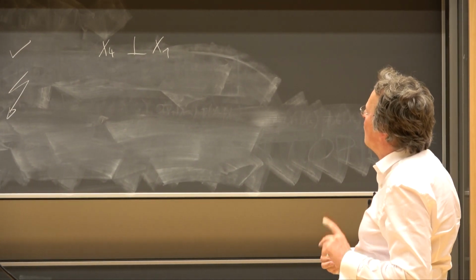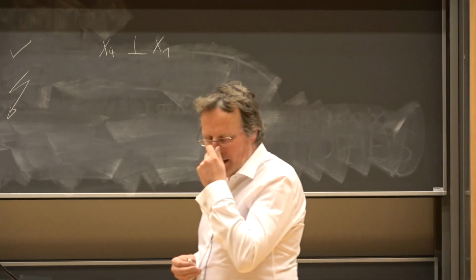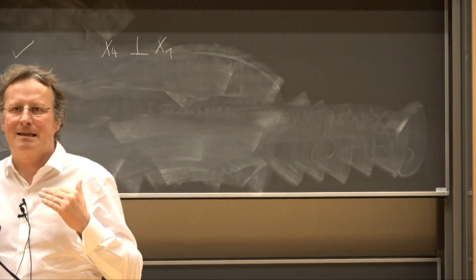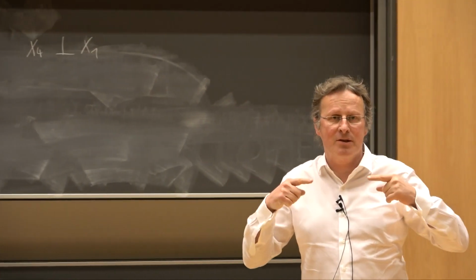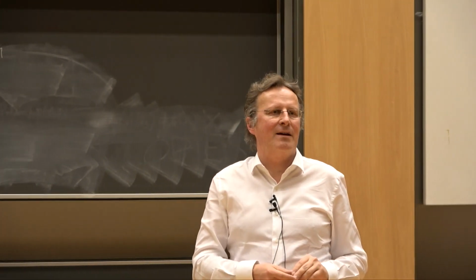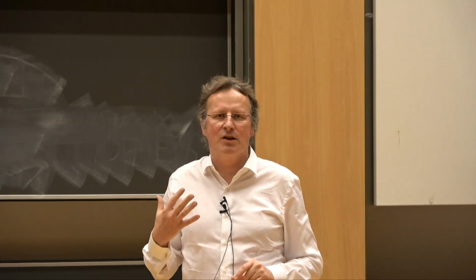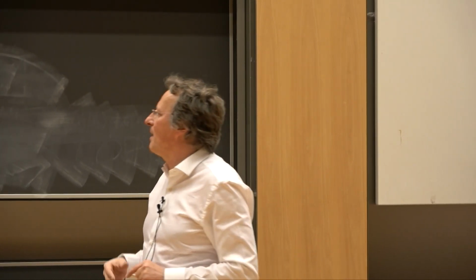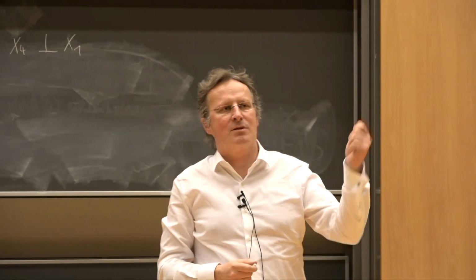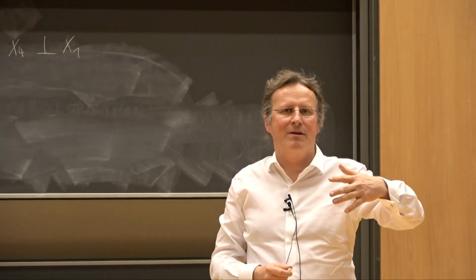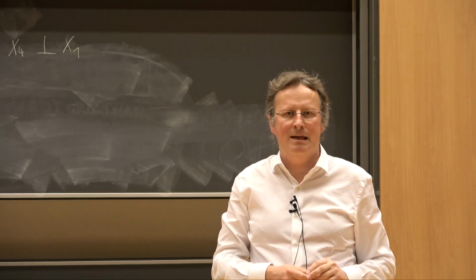There's one thing that one has to be a little bit careful about. When you have these arrows in this model, it's tempting to think of them as causal relationships. For example, that x1 causes x2, or whatever the effect on x2.